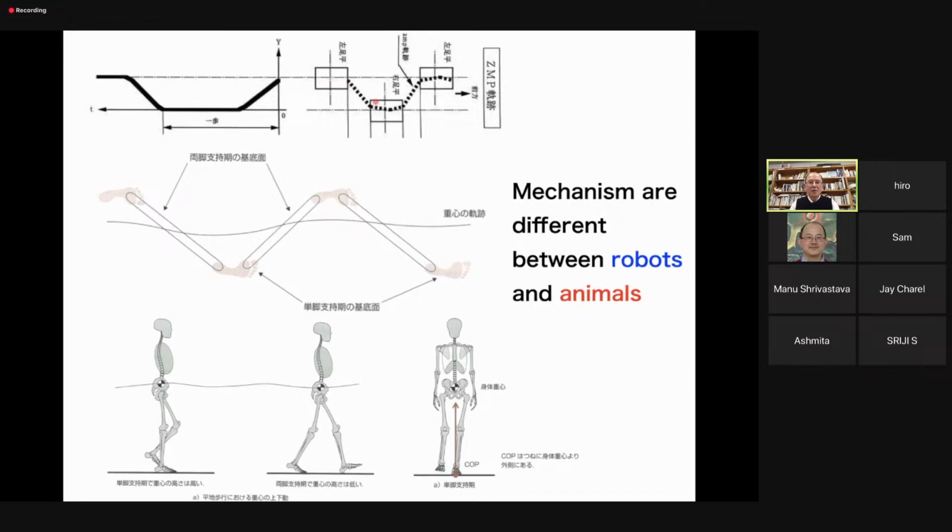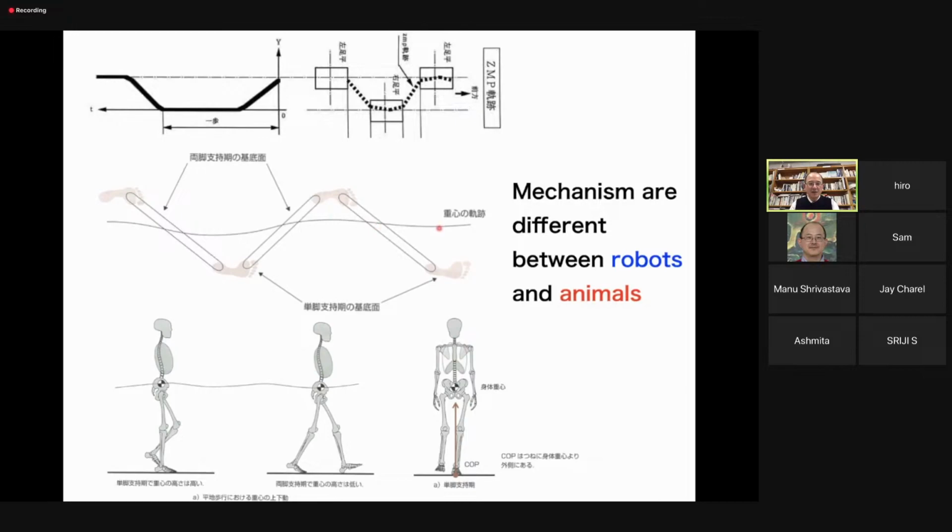It works quite nicely, even Asimo is working with this architecture, but it is quite different from the actual movement, the motion, the behavior in real animals and human beings.